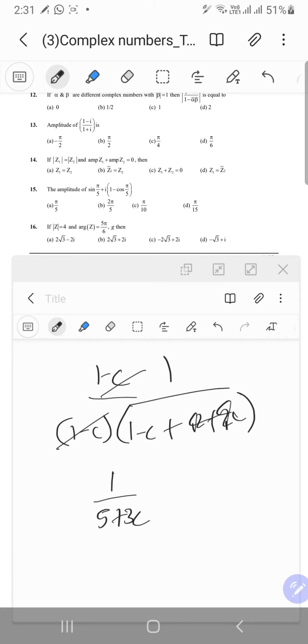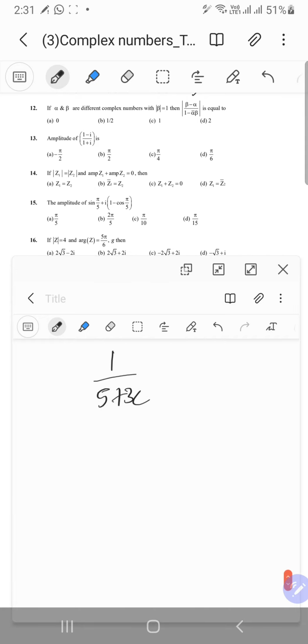Next, if alpha and beta are different complex numbers with mod beta equal to 1, then what is mod of (beta minus alpha) upon (1 minus conjugate of alpha beta)? Mod beta is 1, alpha and beta are two complex numbers. What can we say? Mod beta is 1, then beta is just e to the power i b, say.